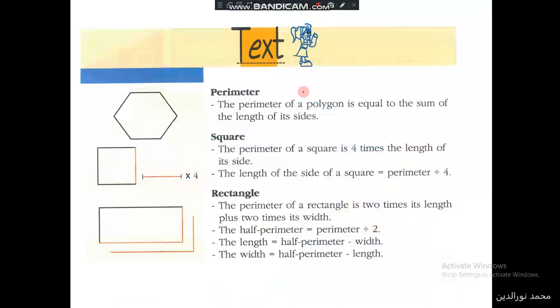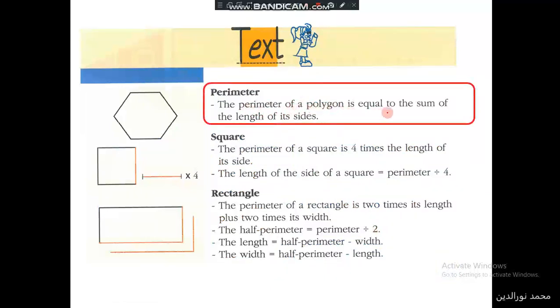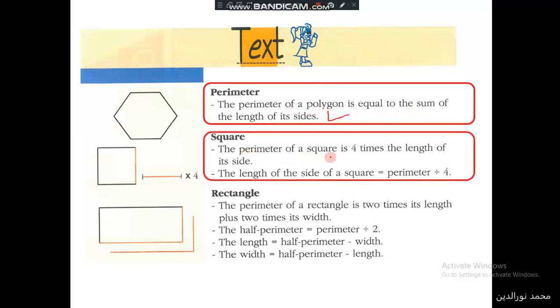In our textbook we find that the perimeter of a polygon is equal to the sum of the lengths of its sides. For a square, the perimeter is 4 times the length of its side, 4 times S, and the length of a side of a square equals perimeter divided by 4.